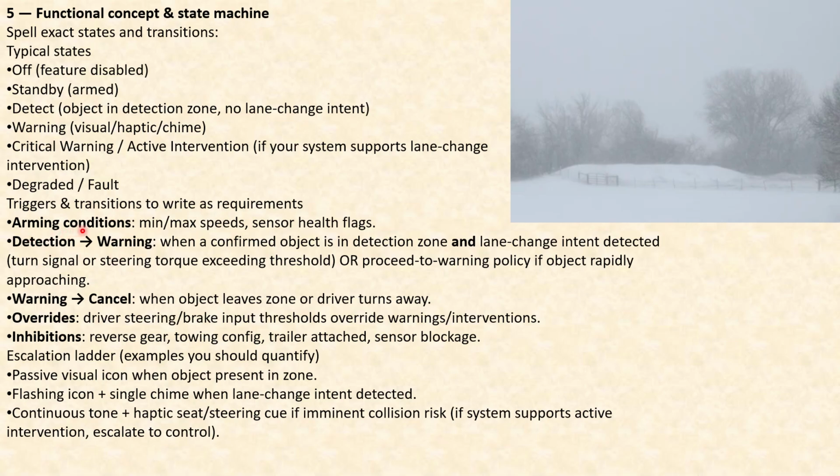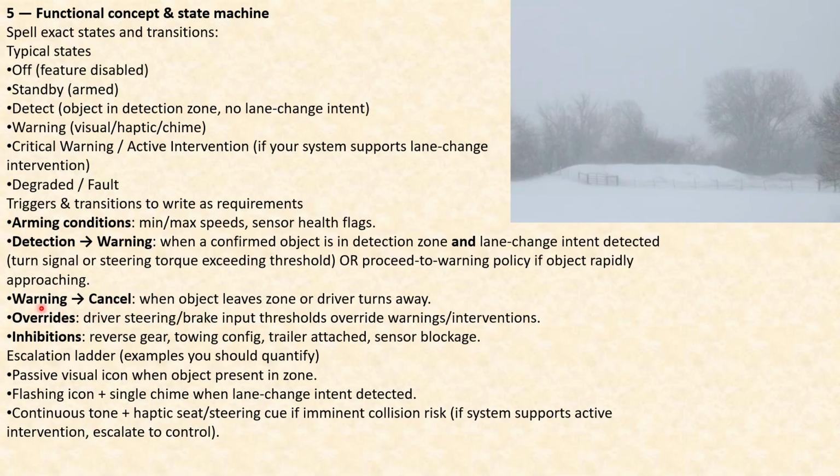So when it comes to arming conditions: minimum and maximum speeds, sensor health flags. Coming to detection versus warning: when a confirmed detection is in the detection zone and lane change intent is detected, by turn signal or steering torque exceeding a threshold, or proceed to warning policy if an object is rapidly approaching.